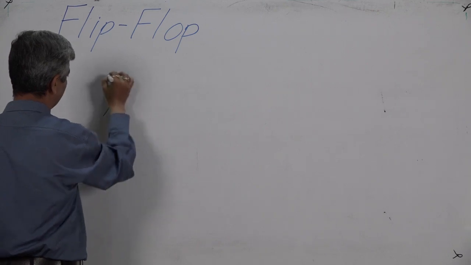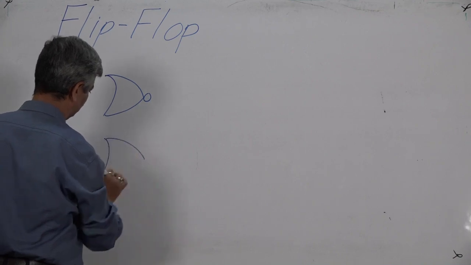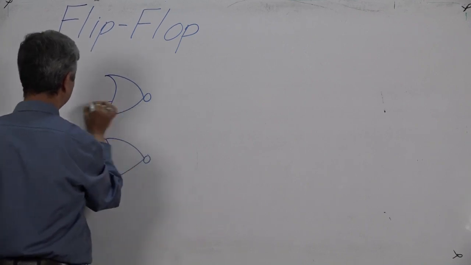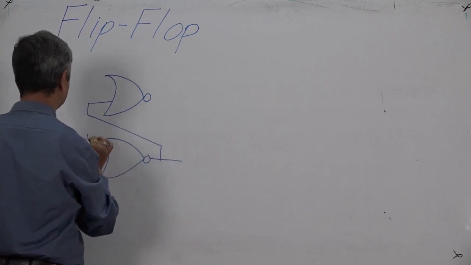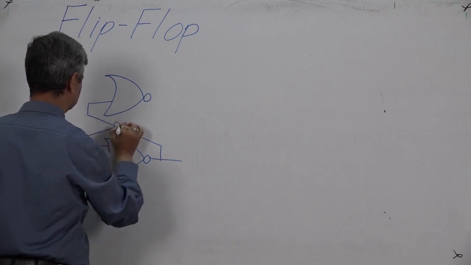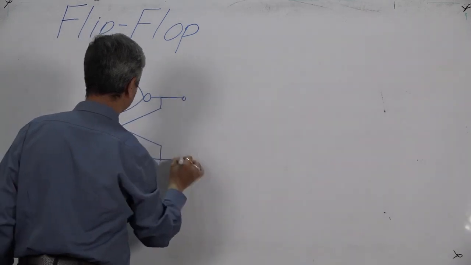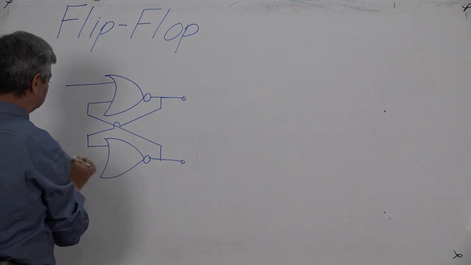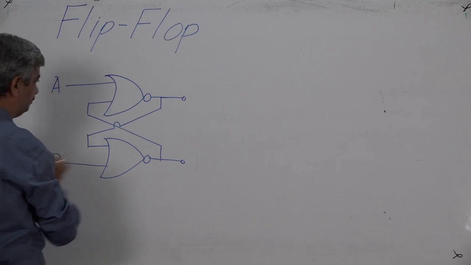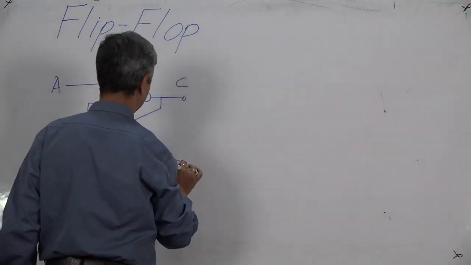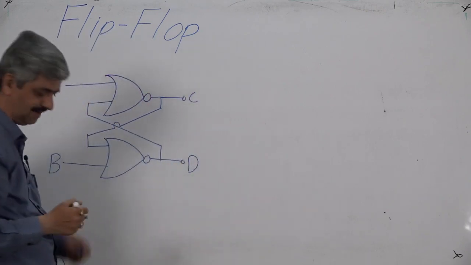It uses two NOR gates and cross coupling. A is input, B is input, C is output, and one output is C and the other output is D. And now we write down a truth table.